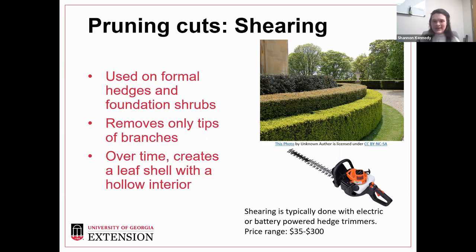Now, another thing to keep in mind is if you have vertical sides to a bush, what's happening is you are shading the lower leaves on that plant. And again, over time, shading those leaves will mean that it becomes thin, or perhaps those leaves end up falling off the plant because they're not needed by the plant anymore.